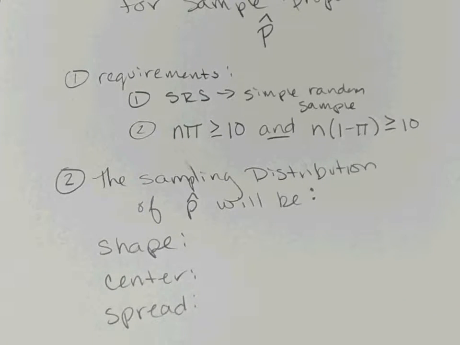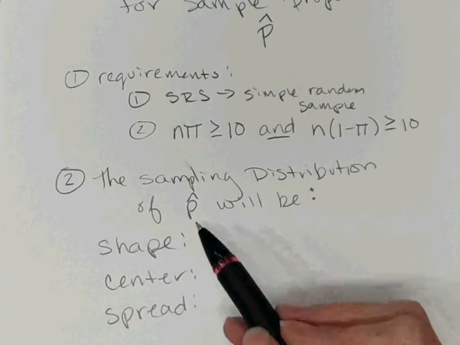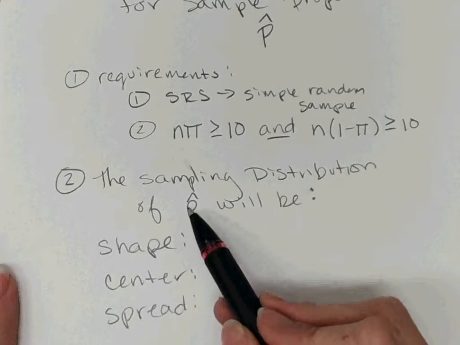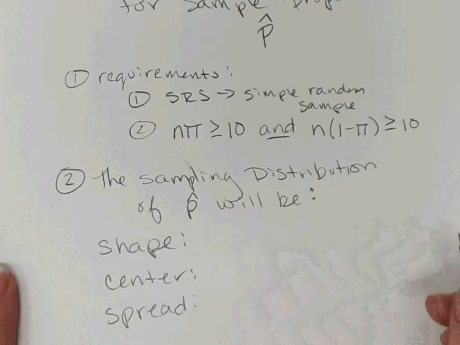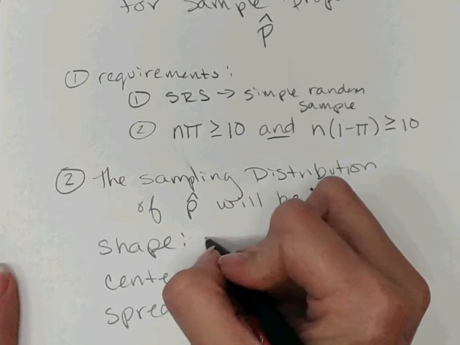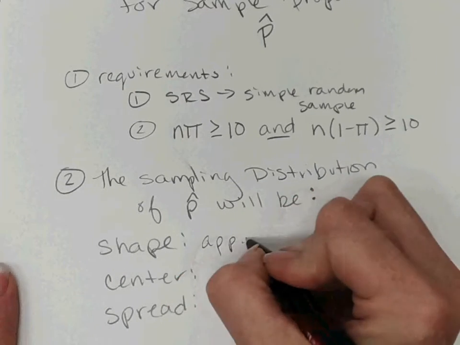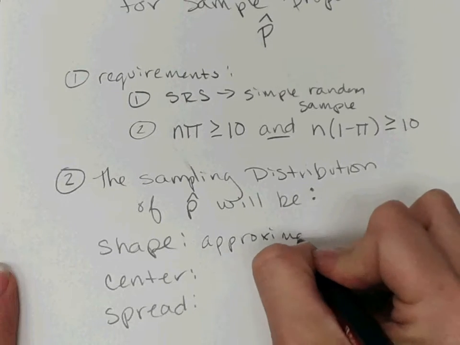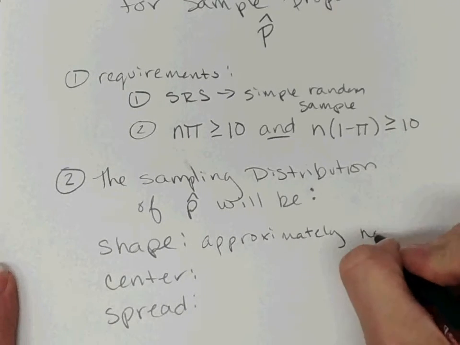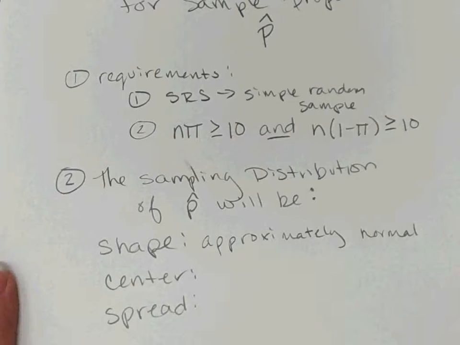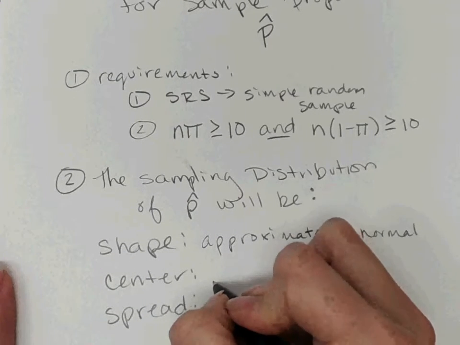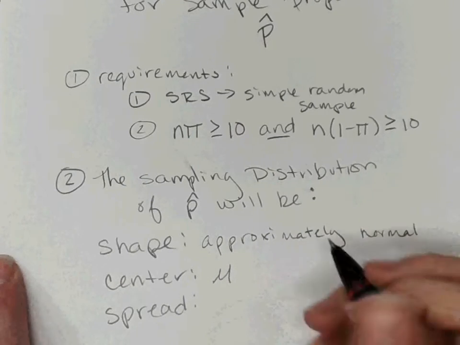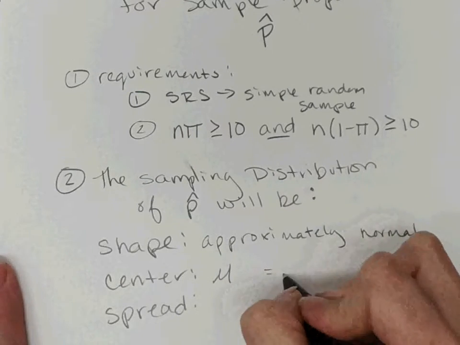So the central limit theorem tells us that the sampling distribution of all of my p-hats, so all of those possible sample proportions, the shape of those is going to be approximately normal. And we saw that on those graphs. Now the center is going to be equal to the population proportion.